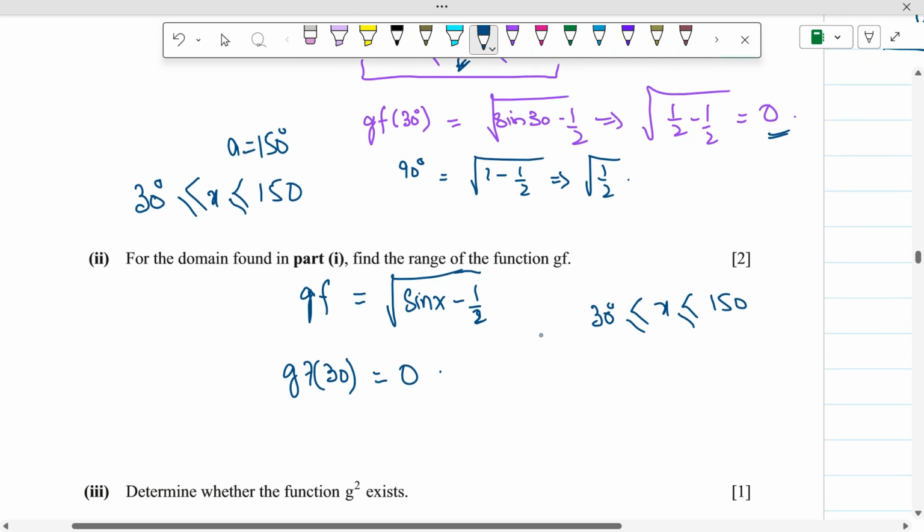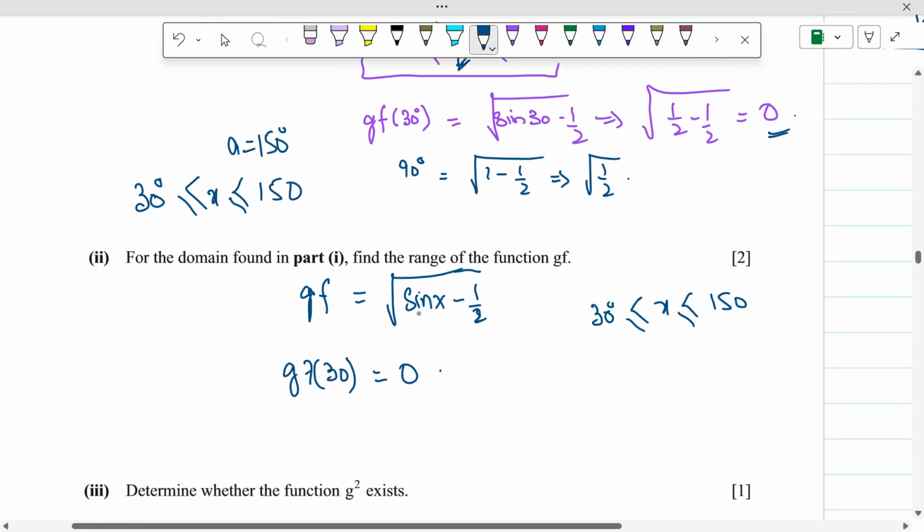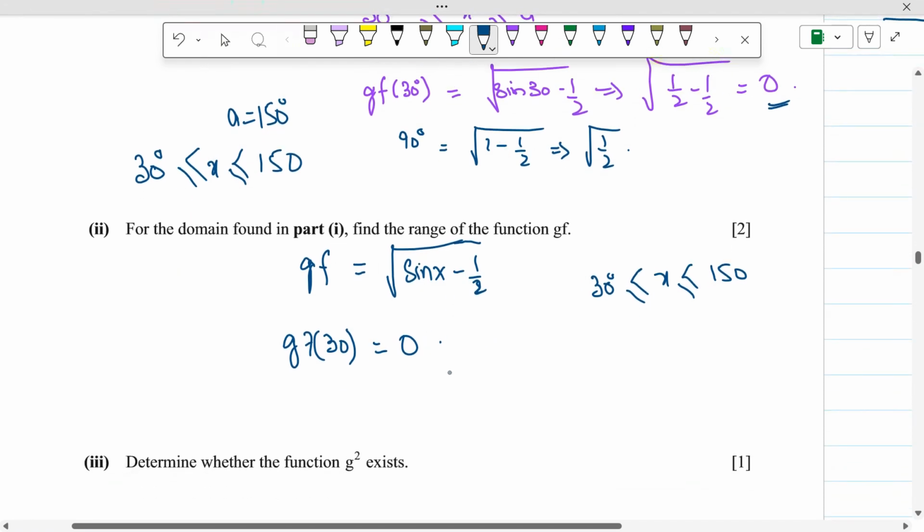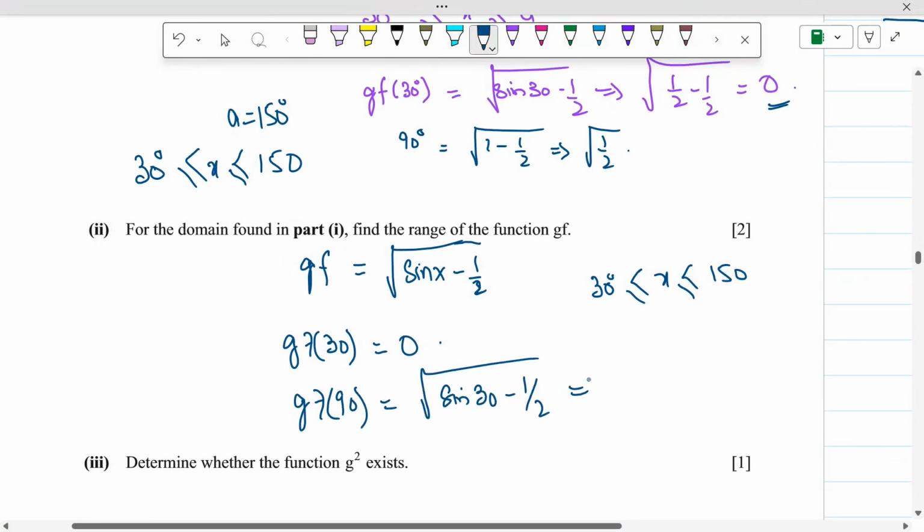Now what is the maximum value we can achieve when we plug in x from 30 to 180? Because we know that sine 90 is 1, the maximum value is achieved when g of f of 90 is equal to the square root of sine of 90 minus half, which is the square root of 1 minus half, which is equal to the square root of half.